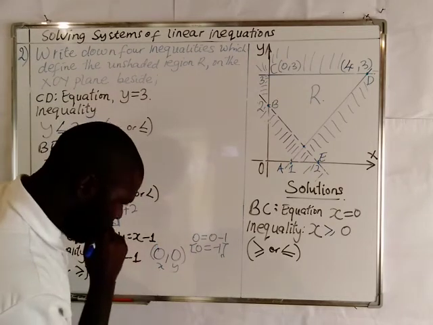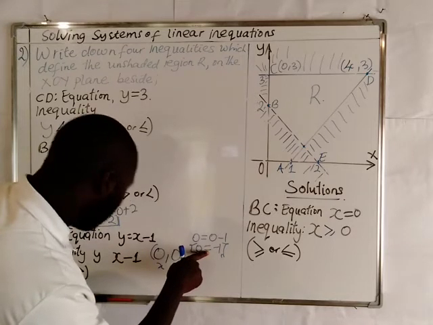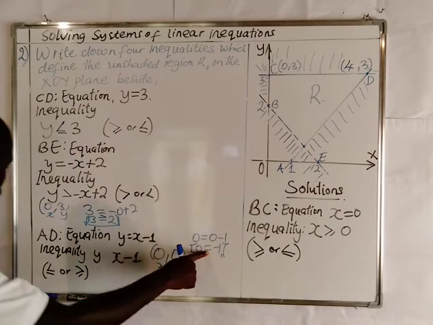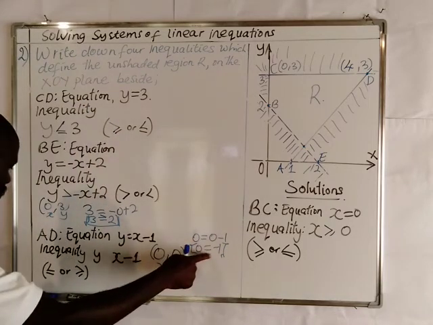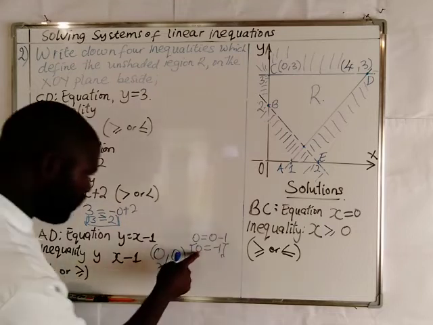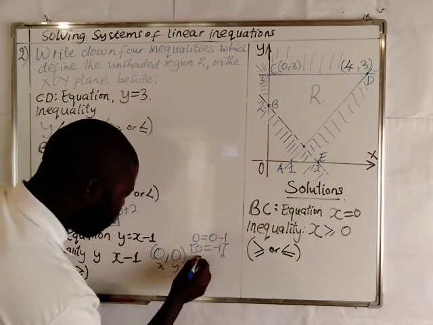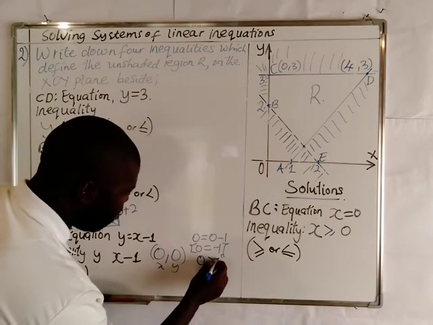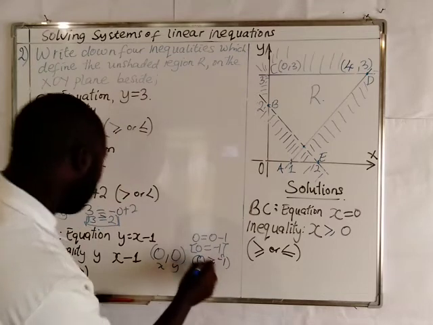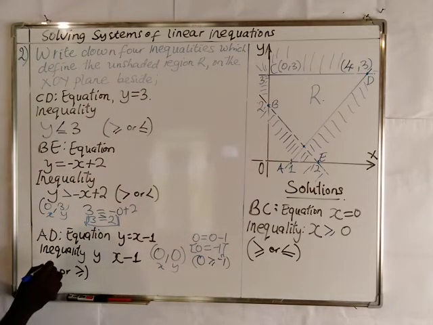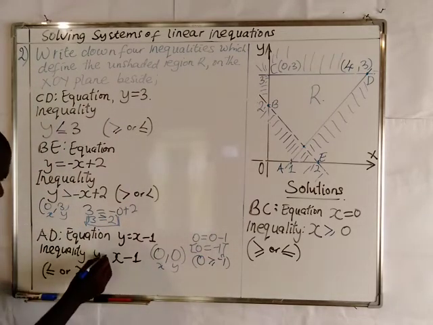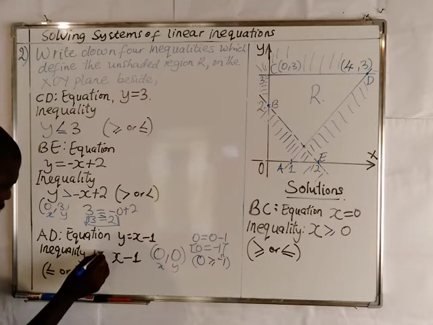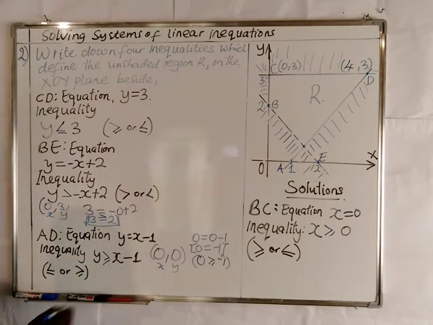The sign that makes this correct is 0 is greater than negative 1. So we have 0 greater than or equal to negative 1. So for our inequality here, we should have greater than or equal to.